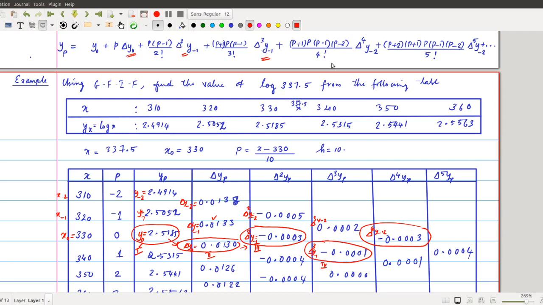This is for the fourth term, that is delta cube y minus 1. And for the fifth term, starting from this, 1 2 3 4 5, fifth term, that is the fourth order term, we need to collect delta raised to 4 y minus 2. And for the last term we will collect delta raised to 5 y minus 2.